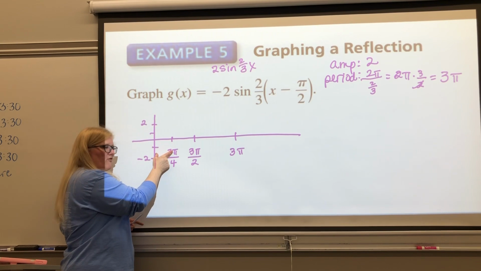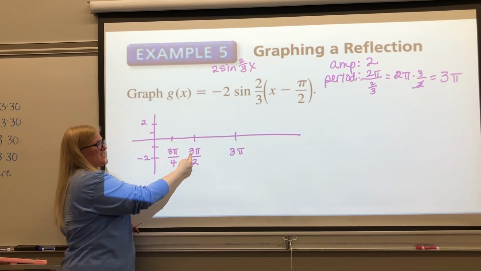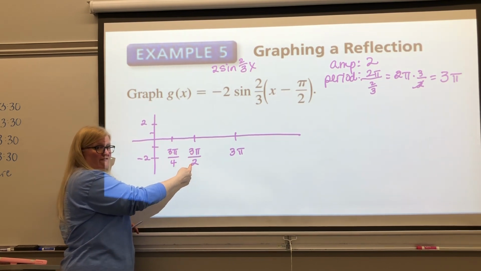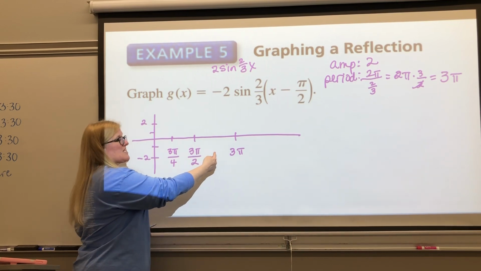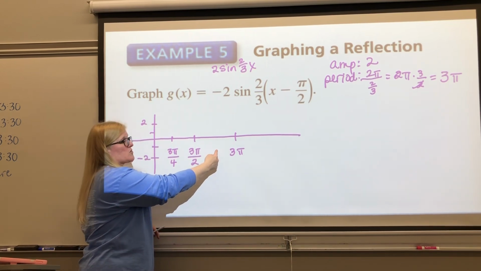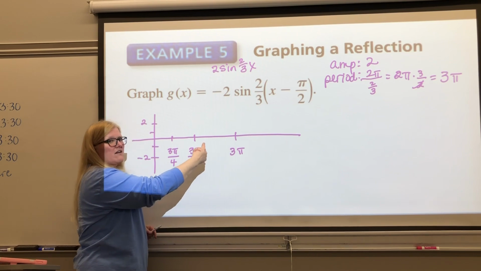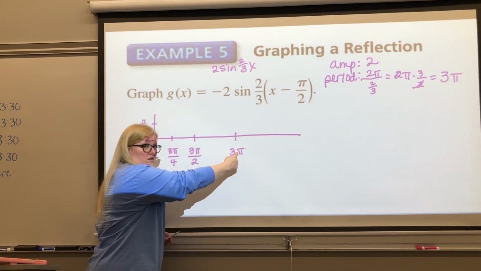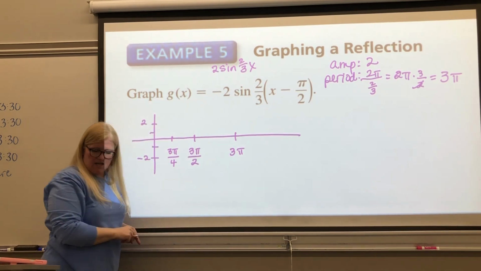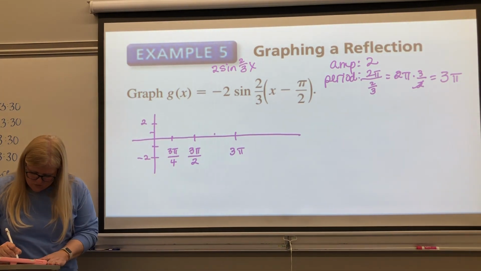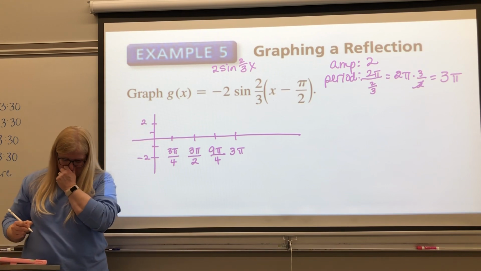So this is 3/4, this is 6/4, another 3/4 gives me 9/4, and then 12/4 is 3. So this is 9 pi over 4 right here.